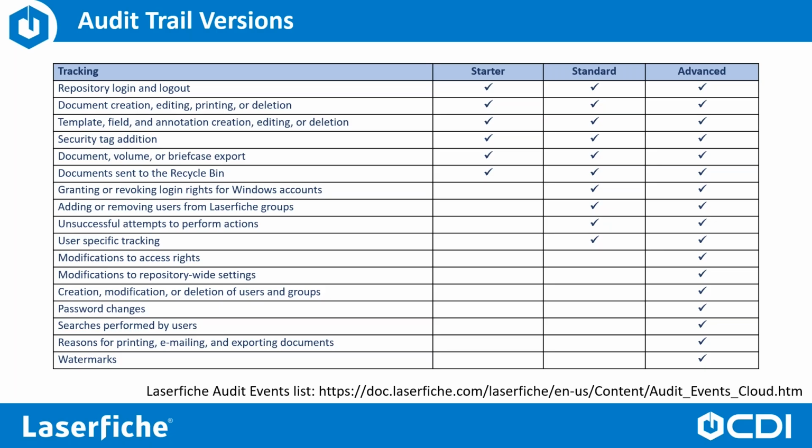So Starter Audit Trail provides the transparency that most organizations need for tracking who's doing what within the repository once the documents are added. But some organizations are bound by federal regulations which require more transparency. So for organizations that are bound by the Department of Defense 5015.2 requirements, in order for those Laserfiche systems to be in compliance with the regulation, advanced Audit Trail and Laserfiche records management are required.